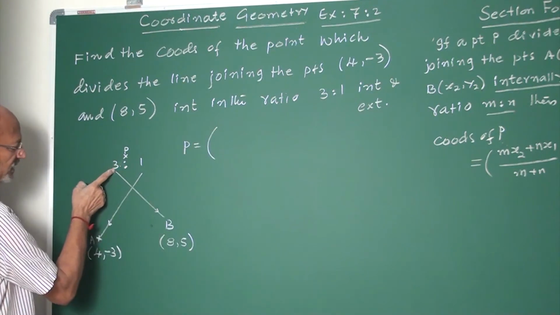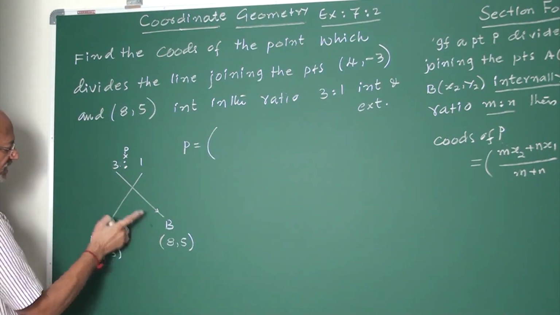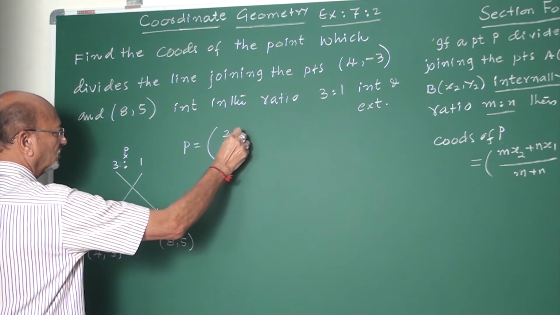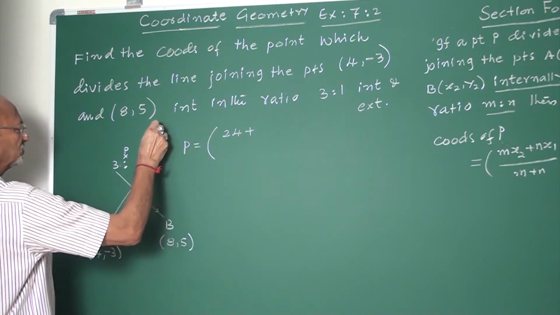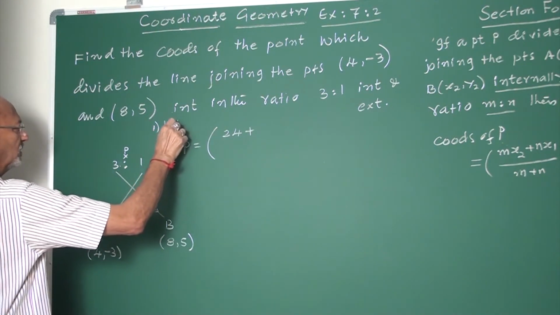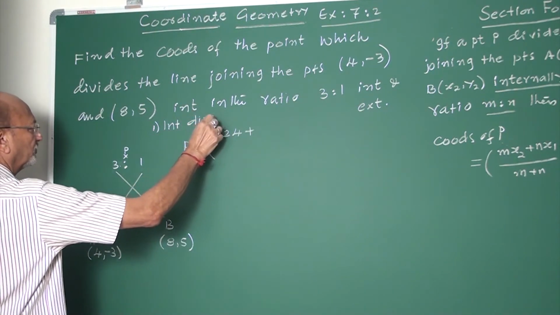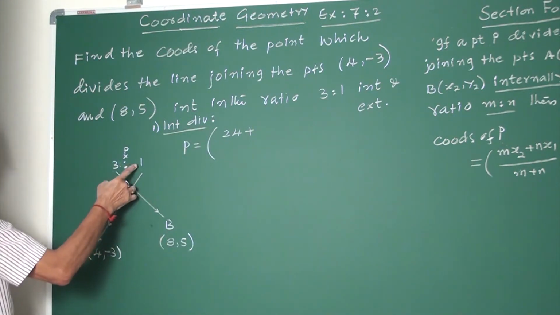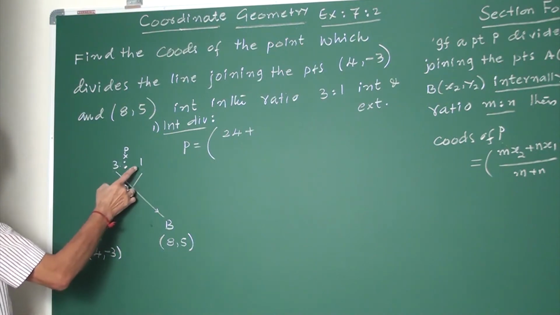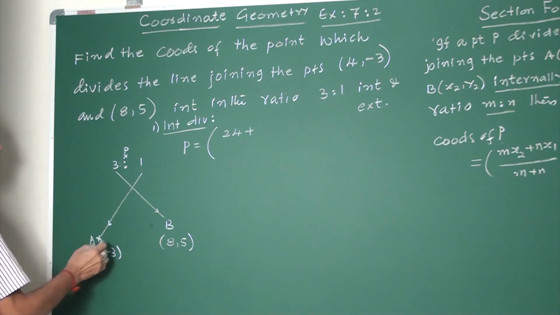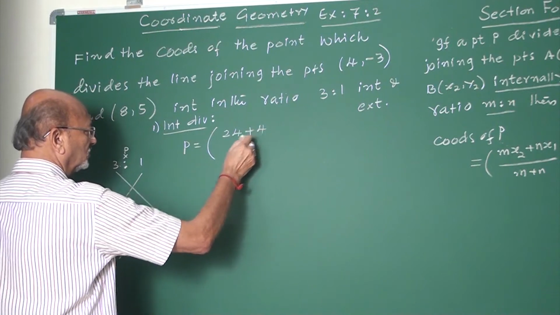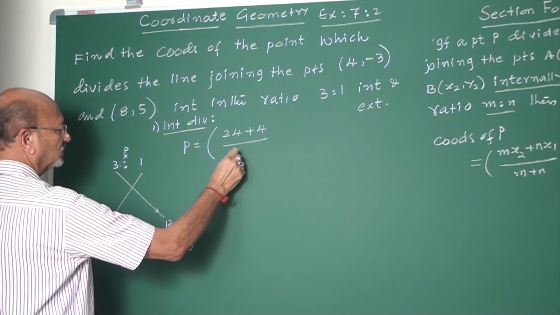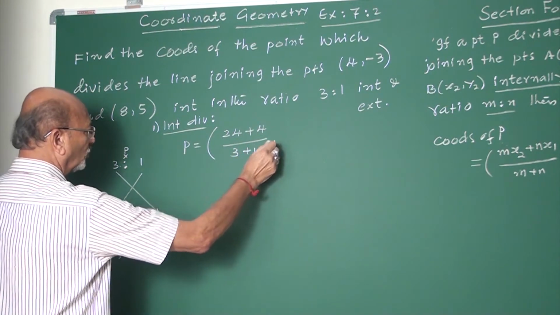See, mx2 here, 3 into 8. 3 into 8 is 24. Internal means plus. Internal division means first plus. Next, nx1, 1 into 4, is plus 4. Down is m plus n, 3 plus 1, comma.